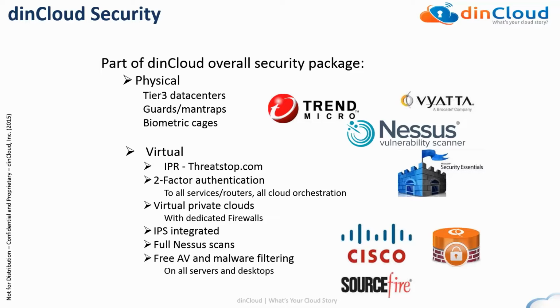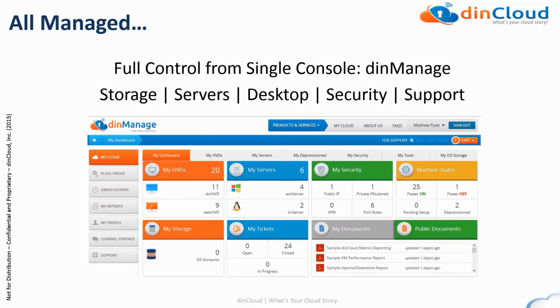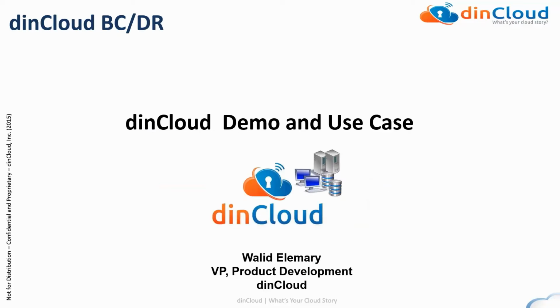And of course, all access is two-factor, with separated private clouds, IPS, regular scans of all the environments, ours, and we could do yours as well, and AV set up on all the servers, all managed through an orchestration tool which we developed to ensure that we do not have any flaws or bugs or vulnerabilities, which right now, let's have Waleed show everyone.